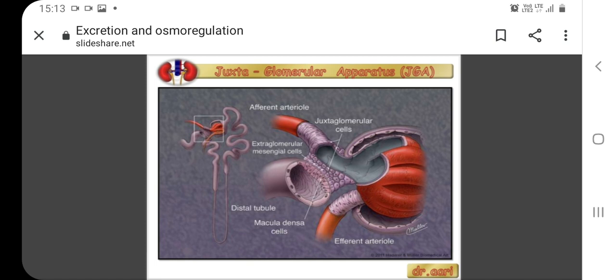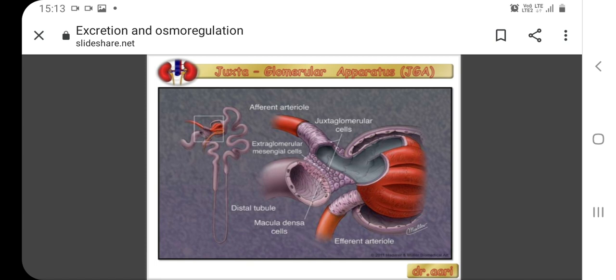This occurs due to low blood pressure and high osmotic pressure in the peritubular capillaries. However, every solute has a transport maximum and the excess is not reabsorbed.